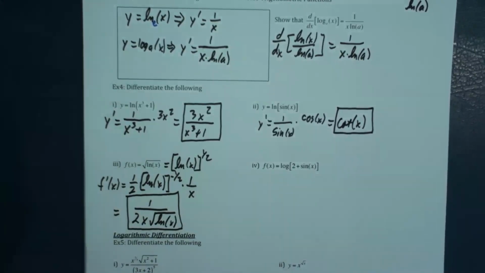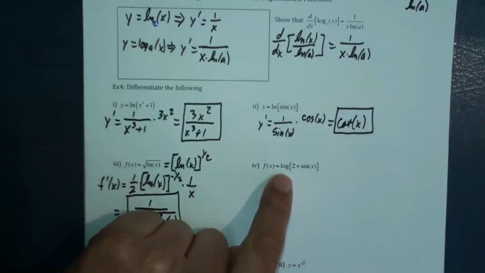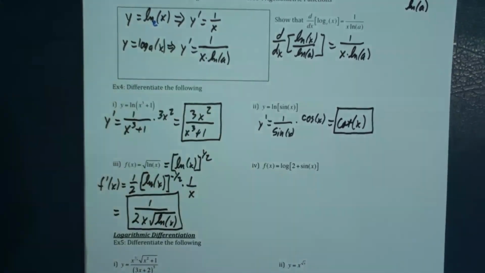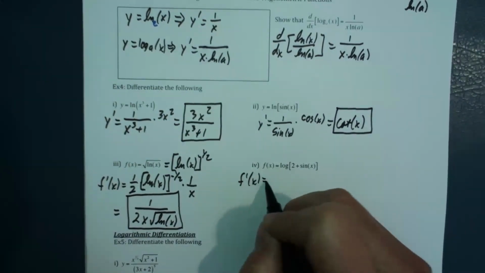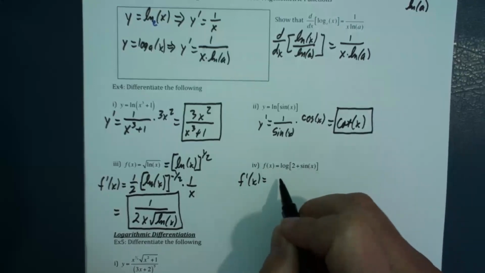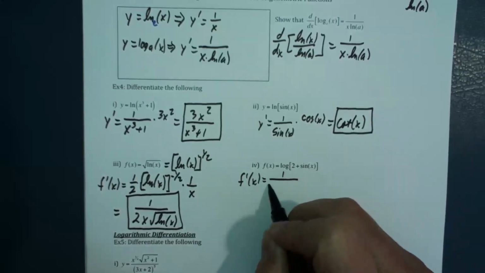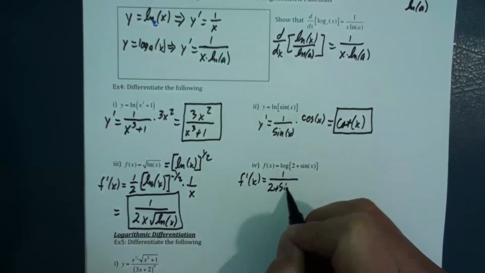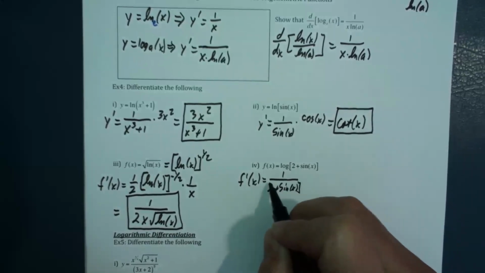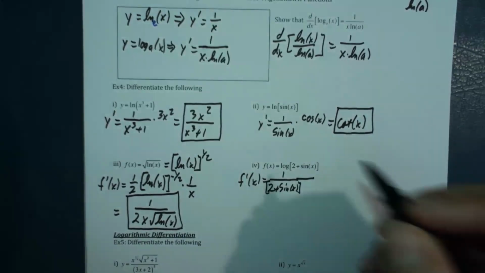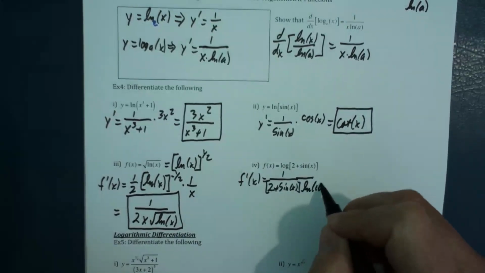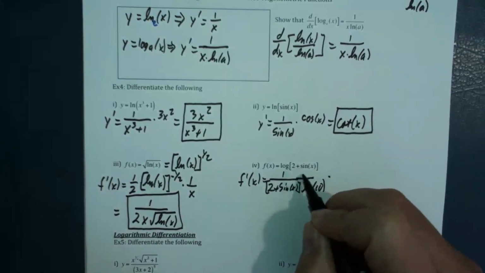All right, for this next one, we're going to have to use our second rule here because we're no longer base e. We are now base 10. So f prime of x is going to be 1 over that times the ln of 10 times the derivative of all of that.